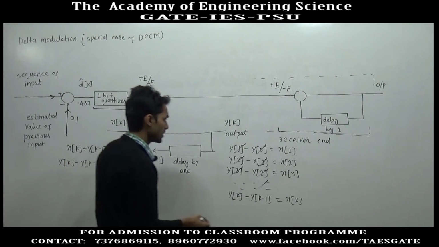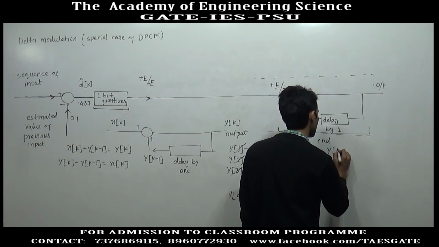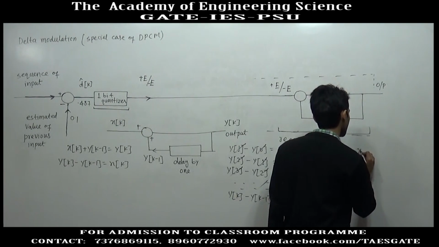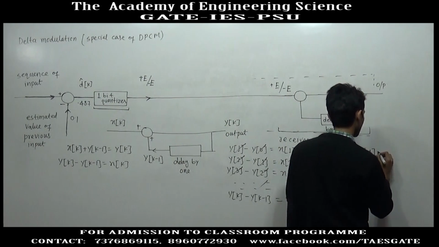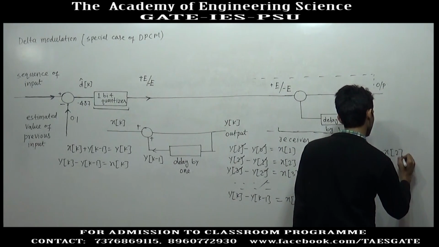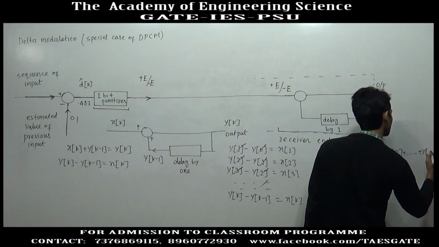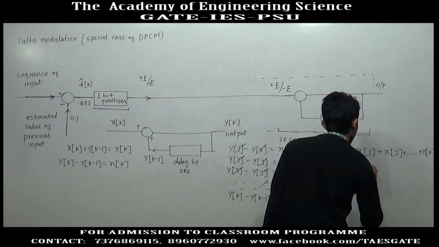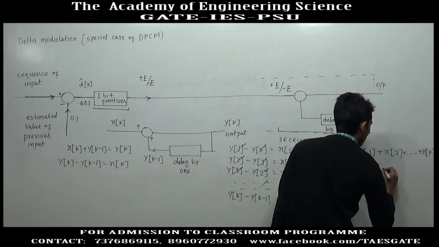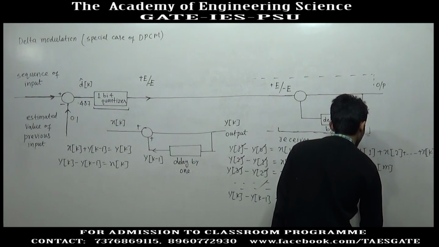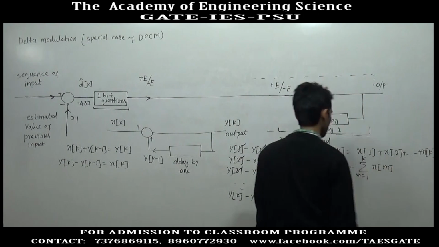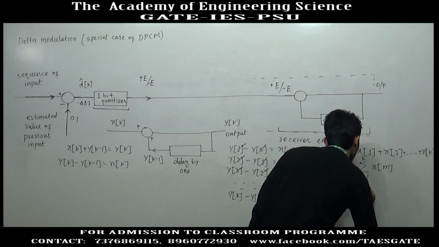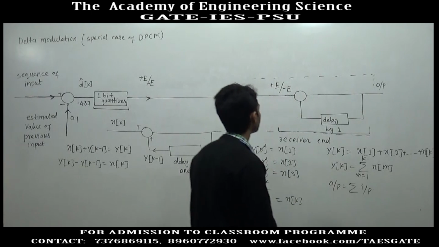So, on the left hand side we will have only yk, and on the right hand side we will have the summation of all the input sequence, or we can write it as yk is equal to summation of xm, where m is equal to 1 to k, or output is equal to summation of input sequence.